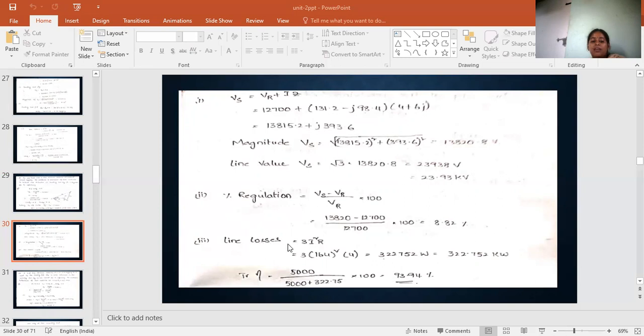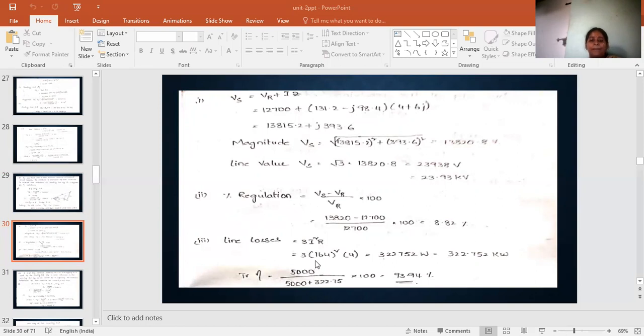And for the line losses, here is the three phase. You can do the problem in the same manner in single phase and three phase also, but the formulas are changed. For three phase, the 3 is present here, and single phase we can do in the normal way. The formulas are changed here: P equal to 3 VI cos phi.